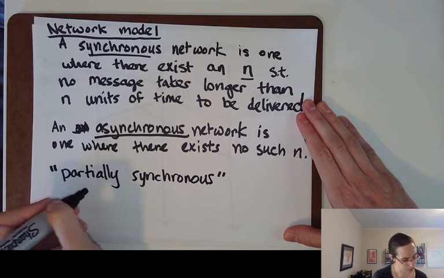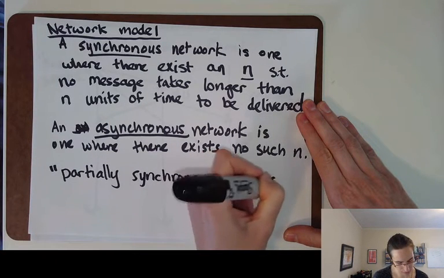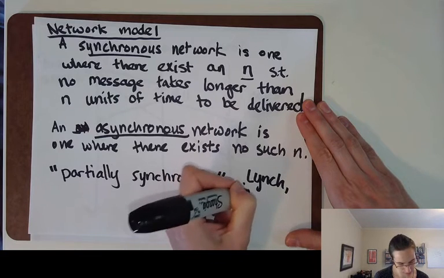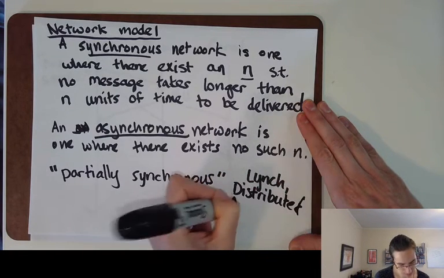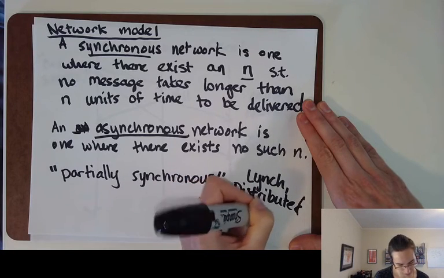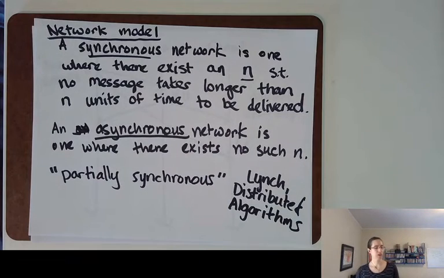Nancy Lynch has a book called Distributed Algorithms, where I think she has a definition of this. We're not necessarily going to talk so much about partially synchronous because I don't want to confuse things too much.